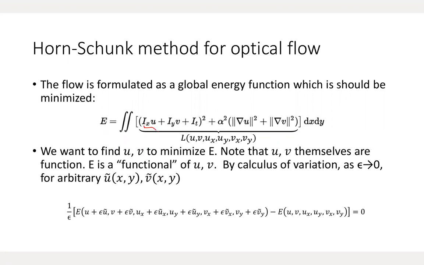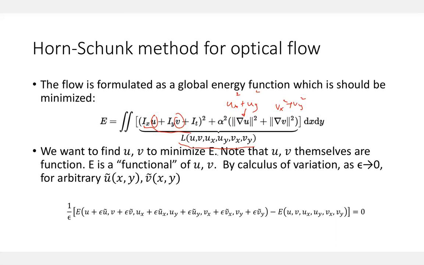Let's write this entire thing as L here. Note that this thing depends on U and V, and this one I can write as UX squared plus UY squared plus VX squared plus VY squared. UX and UY are basically the partial derivatives of U in the X and Y directions.